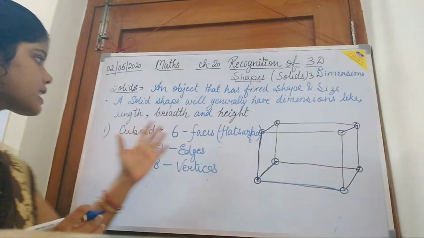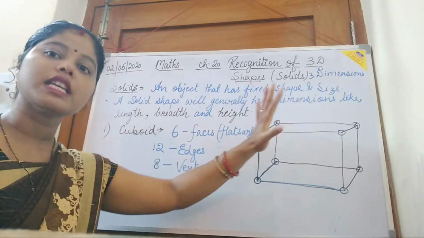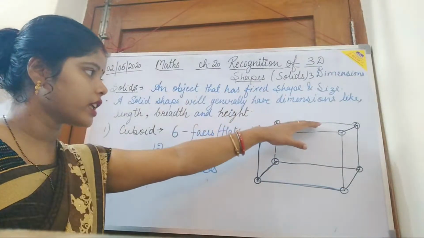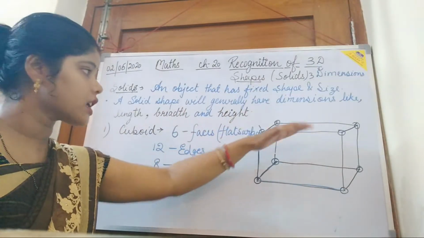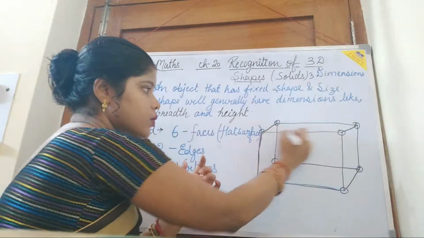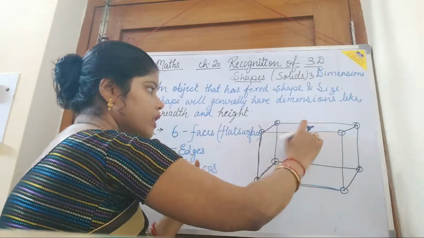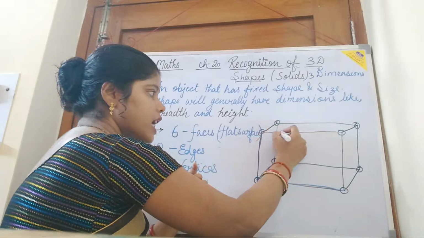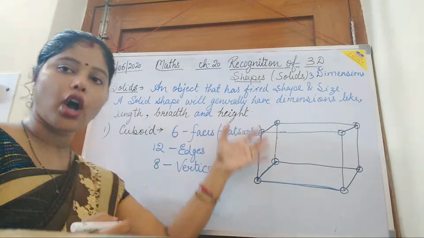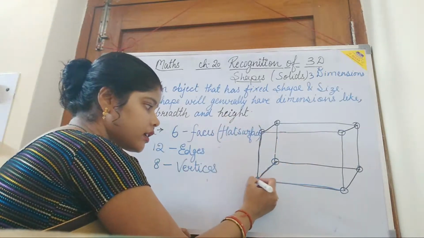So a cuboid has 6 faces, which are flat rectangular surfaces. 12 edges, where 2 flat faces connect at a corner. 8 vertices, where 3 or more line segments meet at a single point.